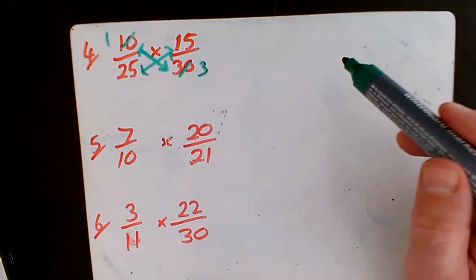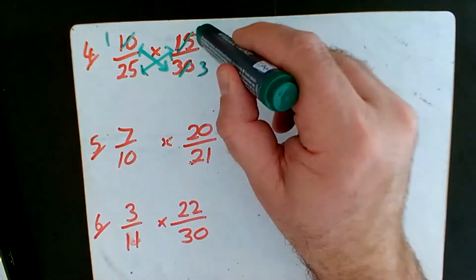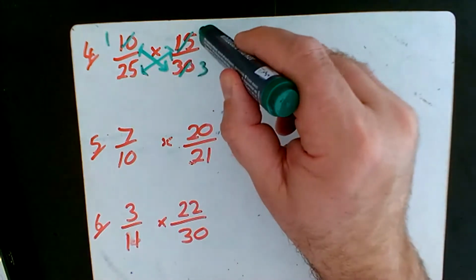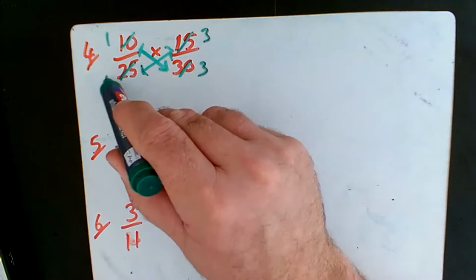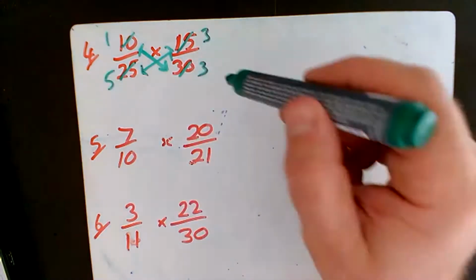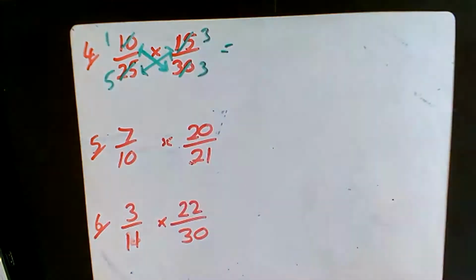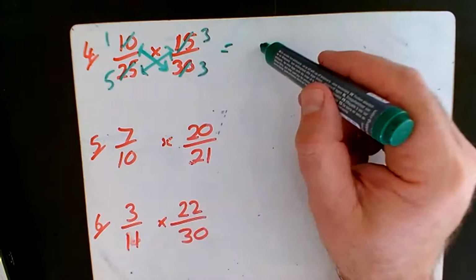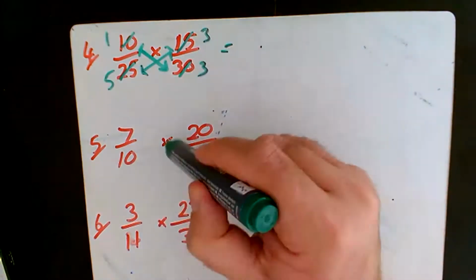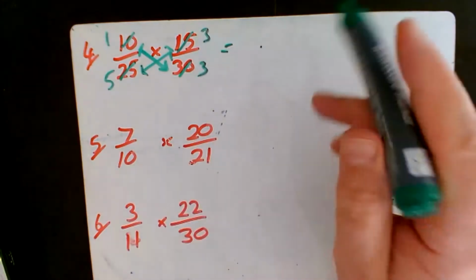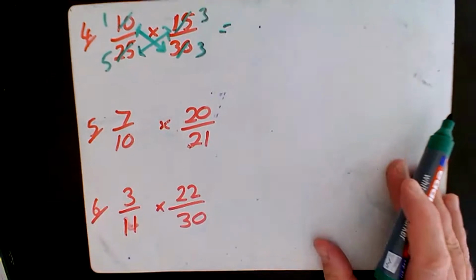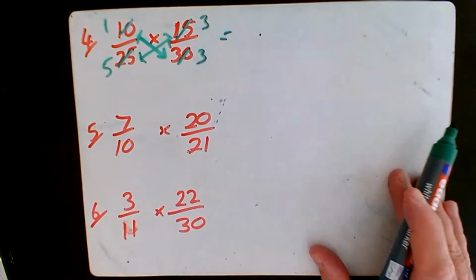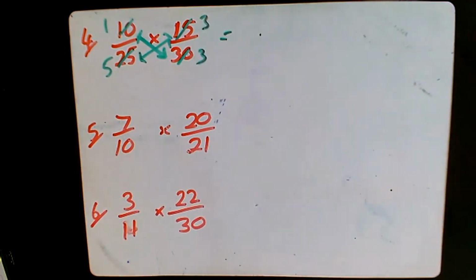How many 5s are in 15? 3. So it's cross simplification, and from there I can work it out. Okay, finish that one off. Have a go at these. They all cross simplify. Draw the lines in. Pause the video while you do them, please. Press play when you're done.